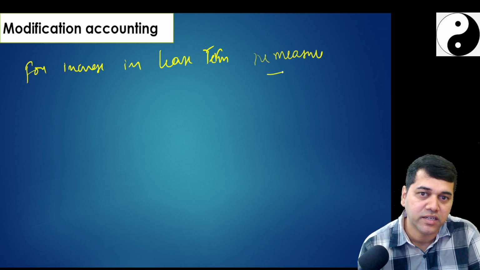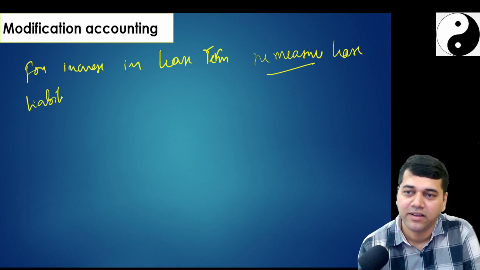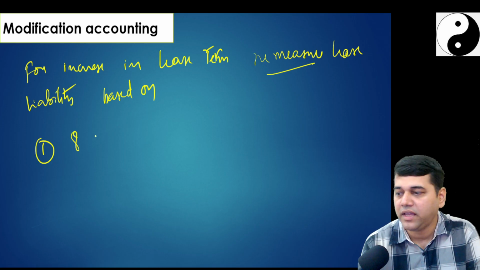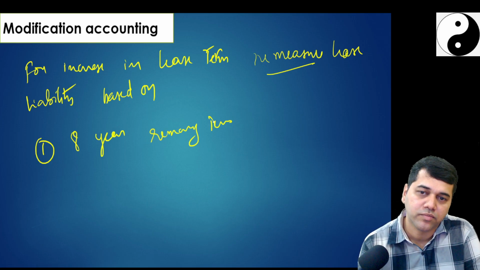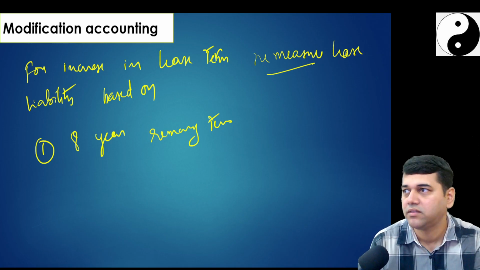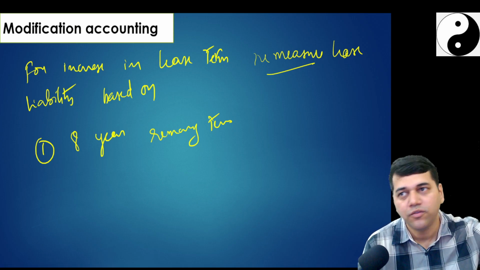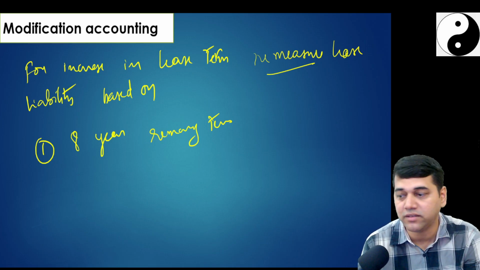Remeasure only the lease liability based on the 8-year remaining term. How? Original 10, out of that 6 finished, 4 remain. How much did you ask extension for? 4 more years. So how many years remaining now total going forward? 8 years.